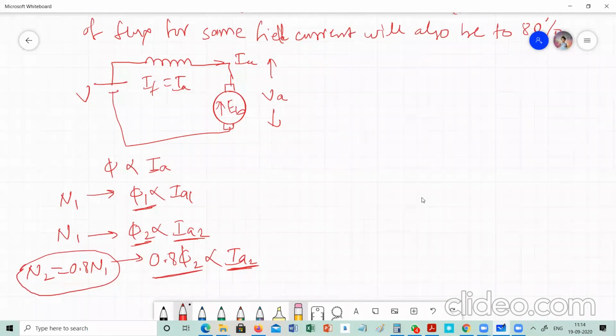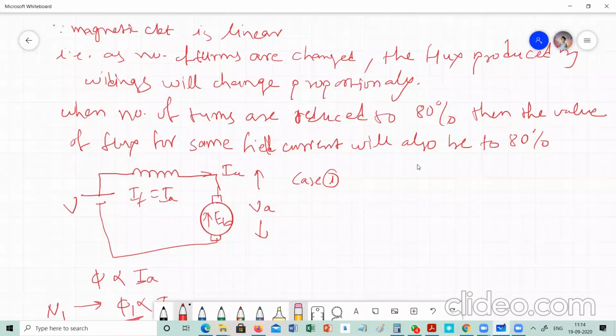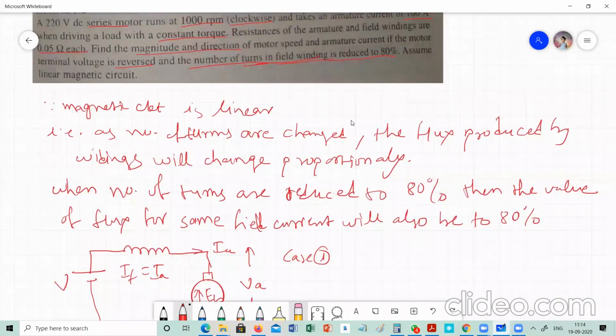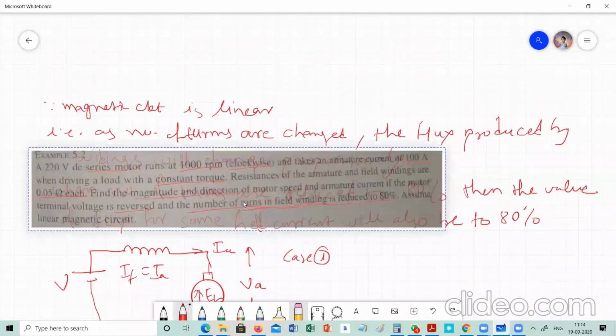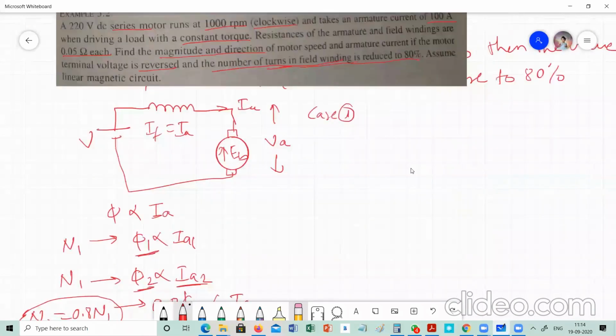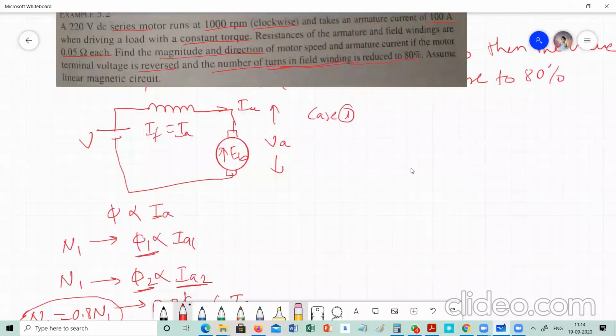Now we will see what are the cases they have given. Case first. What have you given? The voltage is 220 volt.